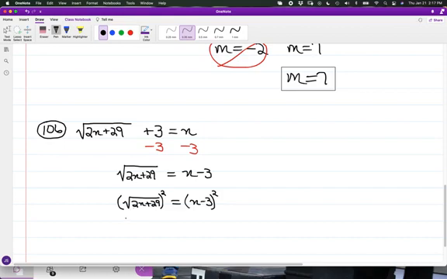So the square root of 2n plus 29 squared is just 2n plus 29. As for the square of n minus 3, we have n minus 3 times itself.